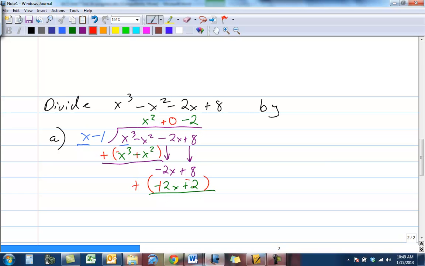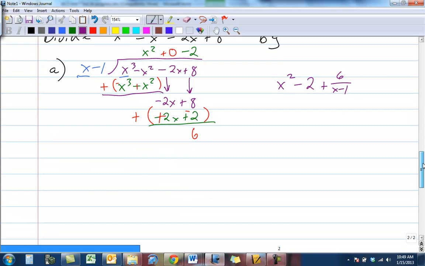The 2x's cancel. We're left with 6. So our final answer here is x squared minus 2 plus our remainder is 6, so it's 6 over x minus 1. All right, that one's tricky.